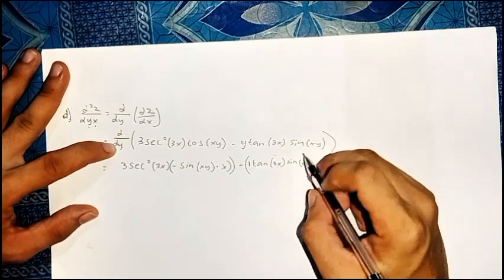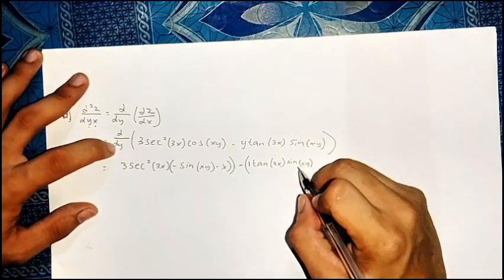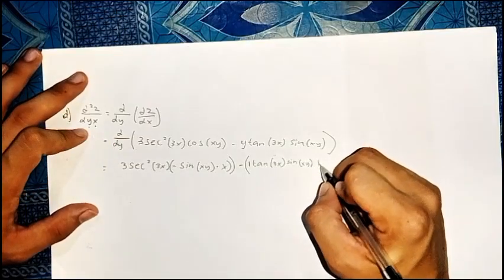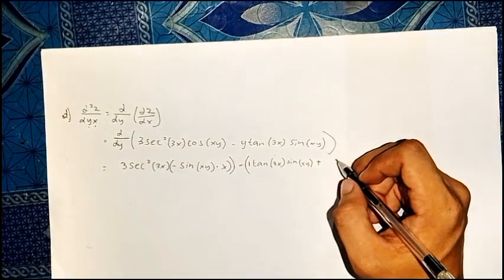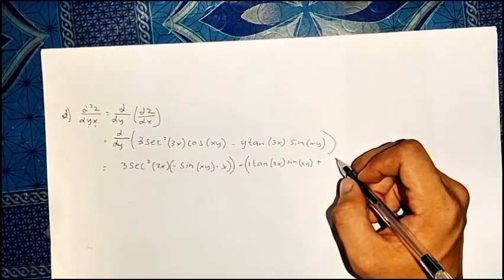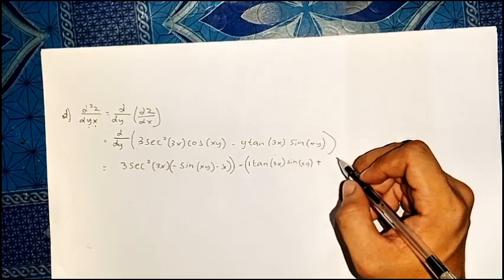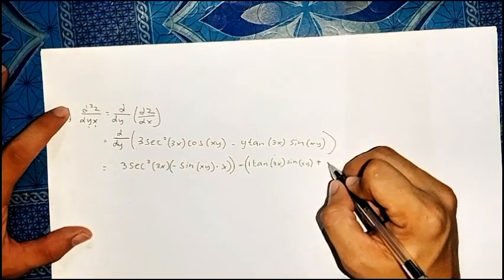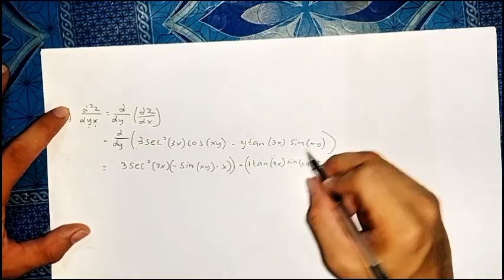Now let's derive. We don't derive tan 3x because it is constant. So now let's derive sine xy. We have plus here, guys, plus y tan 3x times sine xy.